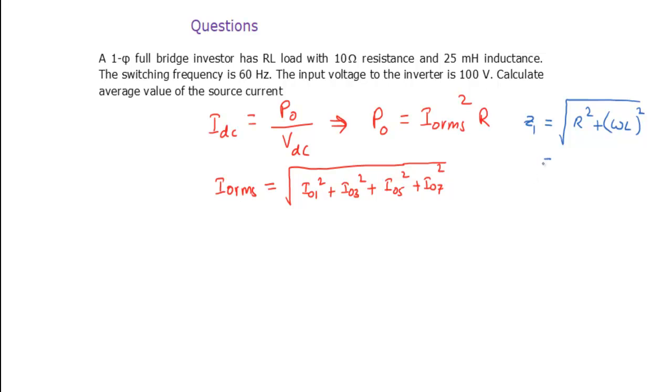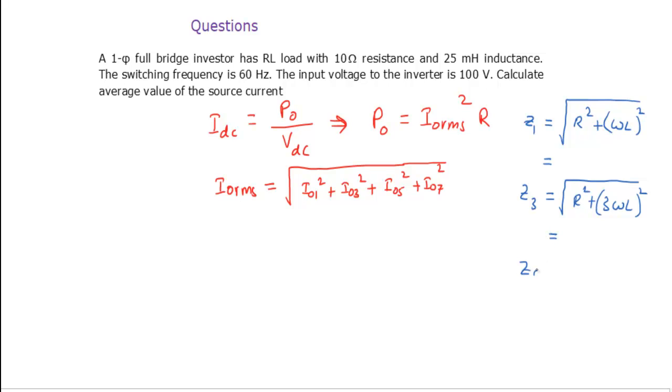Z3 is the same thing, R square plus 3 omega L. We need to substitute everything and get this.